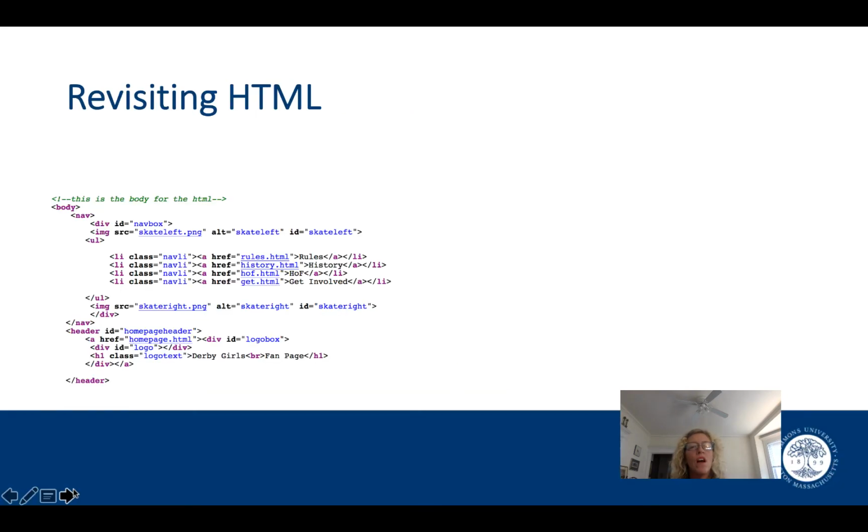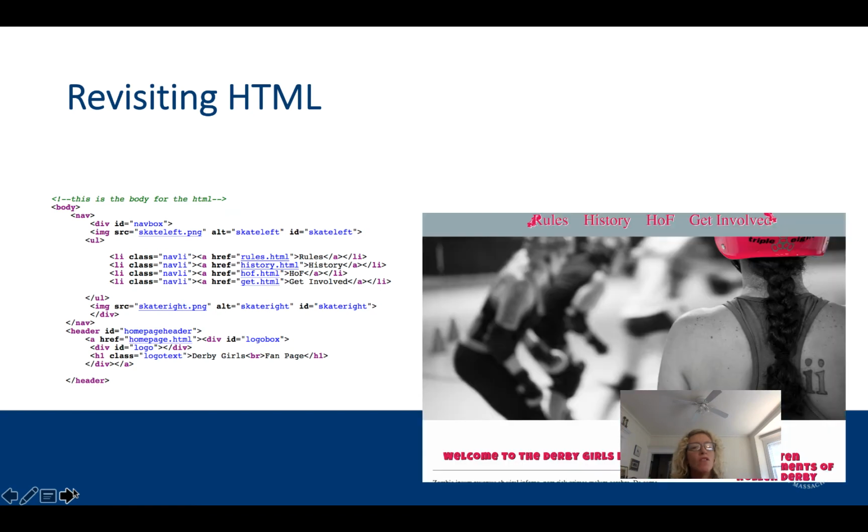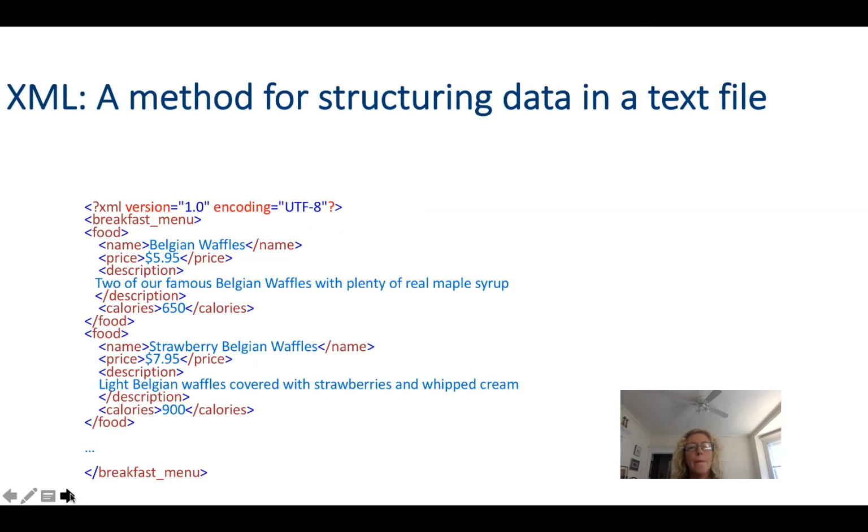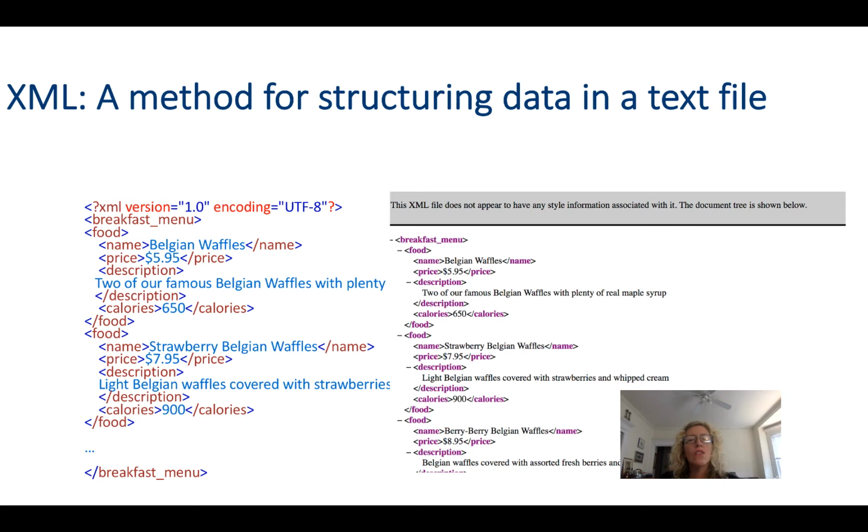So revisiting HTML, as we know, something like this will look like this in the browser. And as you continue to work on your websites, this should look pretty familiar to you. So XML is just a method for structuring data in a text file. So this XML file on the left, when we look at it in the browser, this is what it will look like.